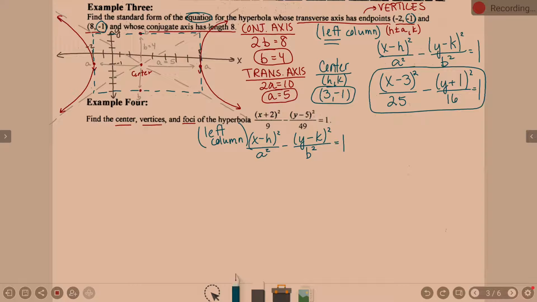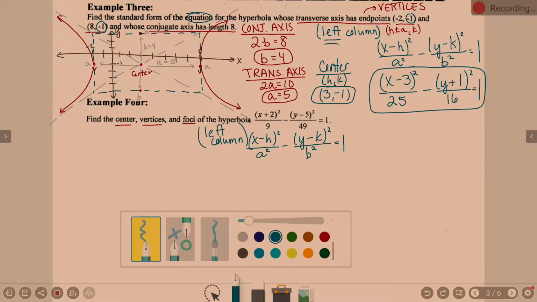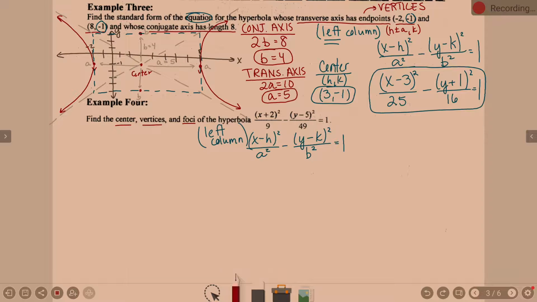Okay. What can you tell me here? We need center, vertices, and foci. I guess I would say let's go ahead and identify what we know. What's h? -2. It comes from the x. What is k? 5.